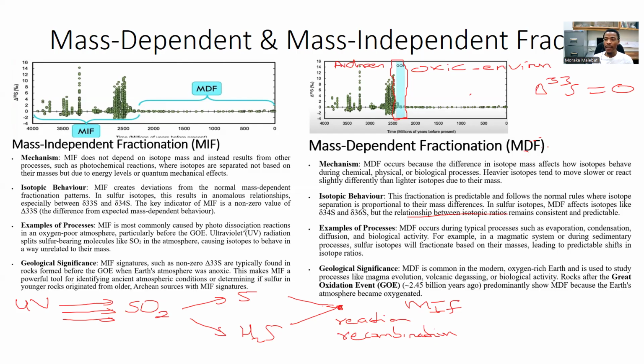All right, the fractionation happens independent of their masses. So we call these non-zero isotopic signatures. They are non-zero isotopic signatures because they are not on the line. So they can be either negative or positive. So we have the range of the Cap33 isotopic values or ratios. Okay, so they are non-zero.